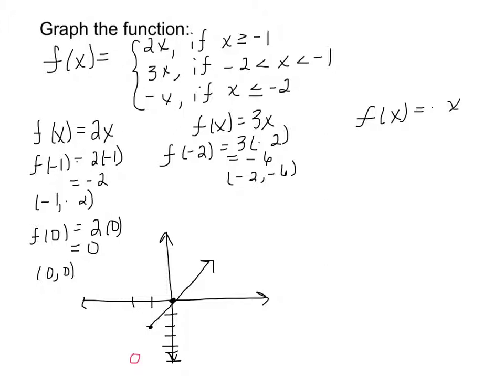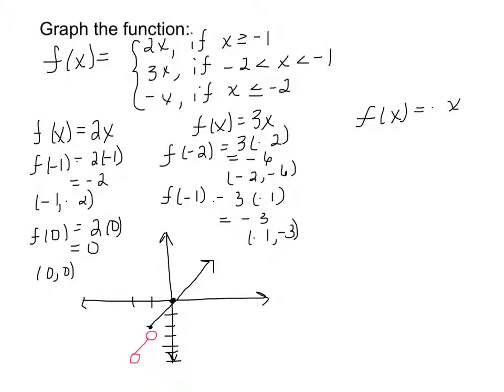And then I'm going to use negative 1. That one's not included. So that's negative 3. So that's negative 1, negative 3. And so since it can only be between those two values, then my line will stop right there.